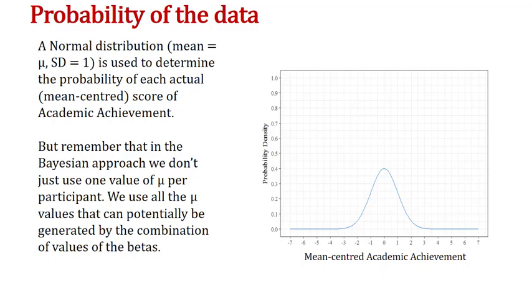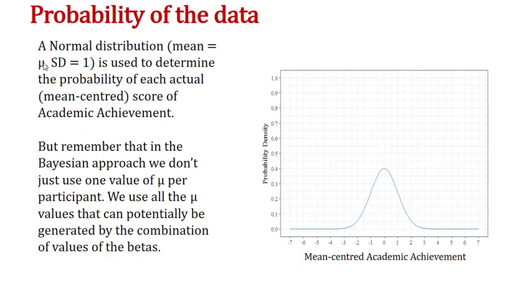Okay, so for the probability of the data, this is similar to the maximum likelihood. We are going to use a normal distribution with a mean of mu, which is the predicted value, and that's the same. Once the beta 1, beta 2, beta 3, depending on the model, is estimated, then the formula that we use to come up with a mu is the same as in the maximum likelihood approach.